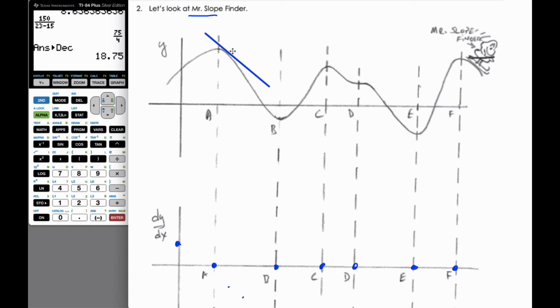And so as it comes, it gets more negative here, more negative, right about here. And then as it gets lower, what starts to happen is it gets less negative, less negative, less negative, until it's 0.